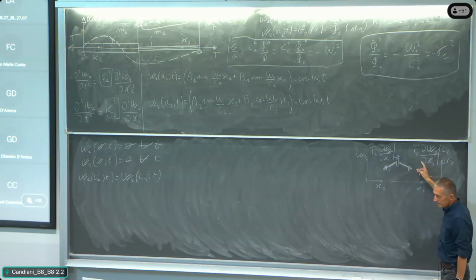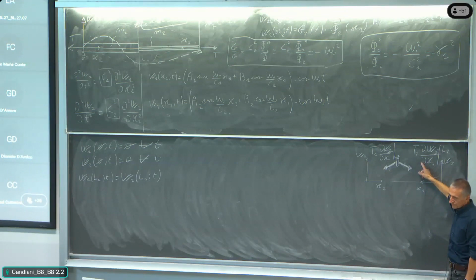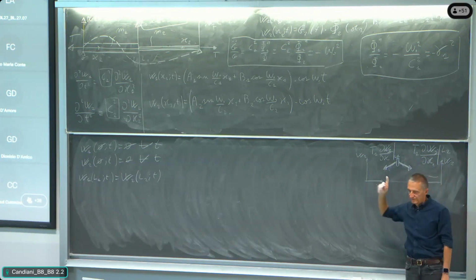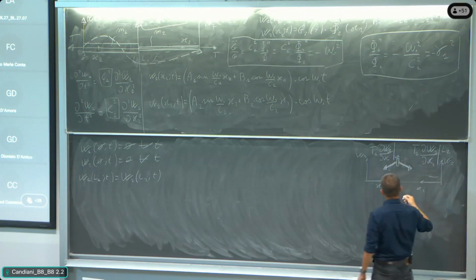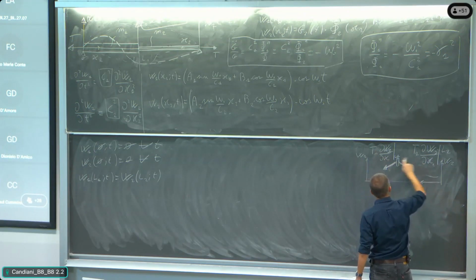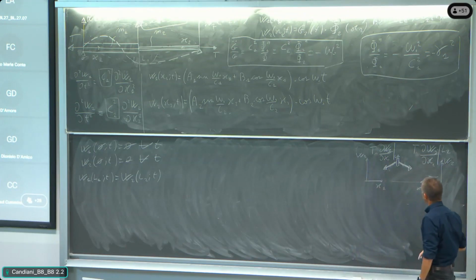What is wrong? T1 is equal to T2, all right? We do not have different tension in the cable. The two domains are sharing exactly the same tension. And so this is tension, and this is tension, all right?